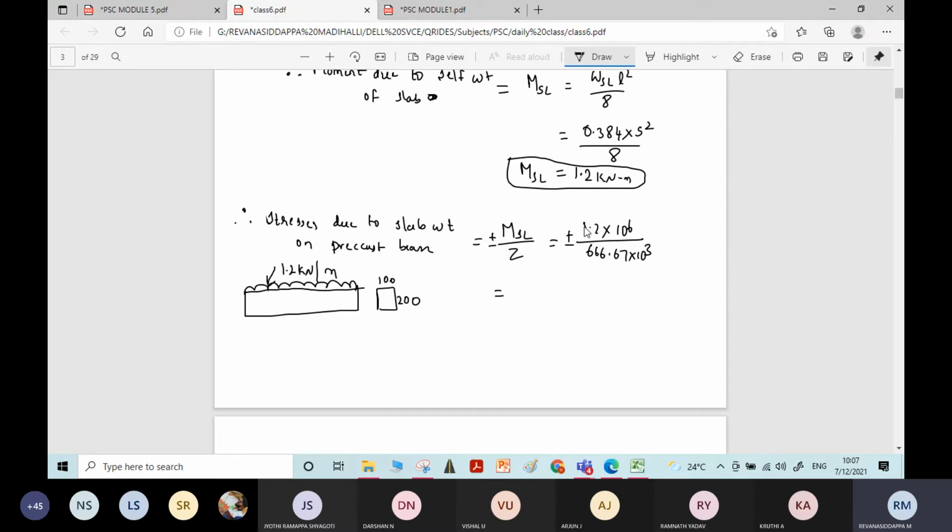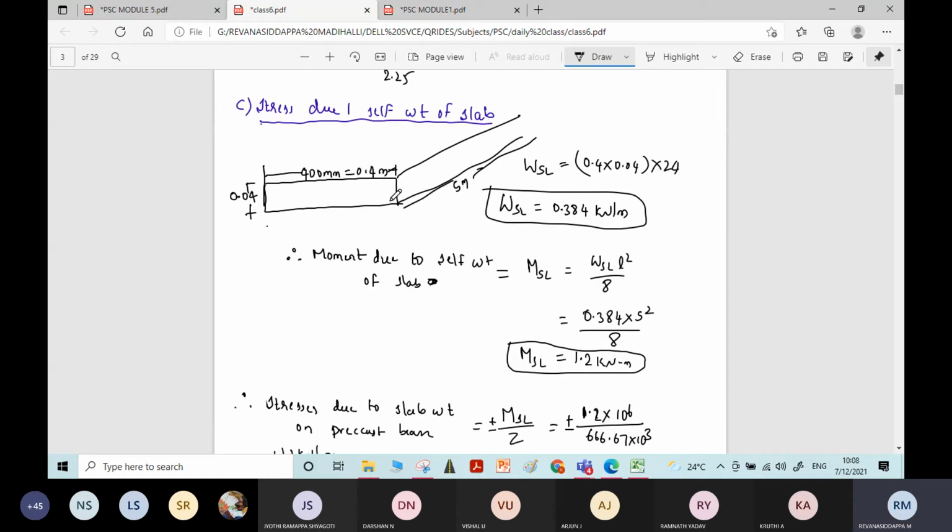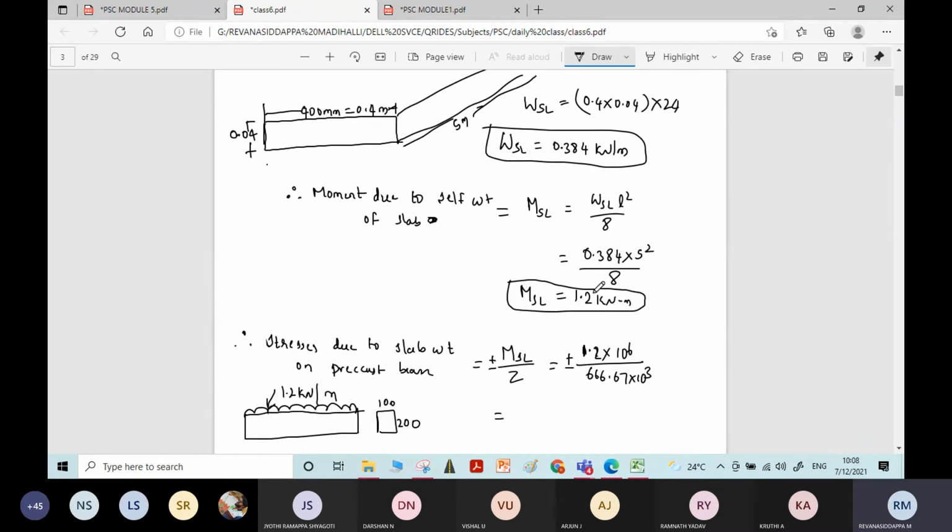You are understanding, right? If you need any clarification, please ask me. What we have done is we have calculated the self weight of the slab, and the moment due to the slab we have calculated. That moment is nothing but the dead load moment on the beam.